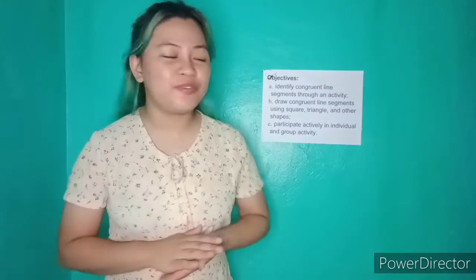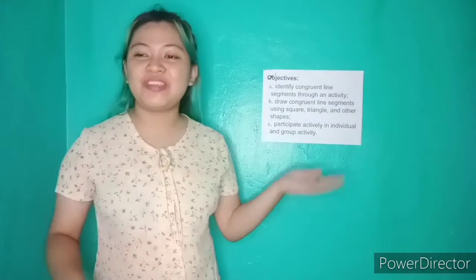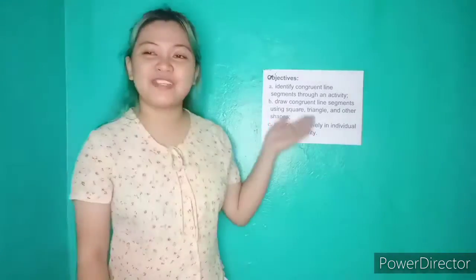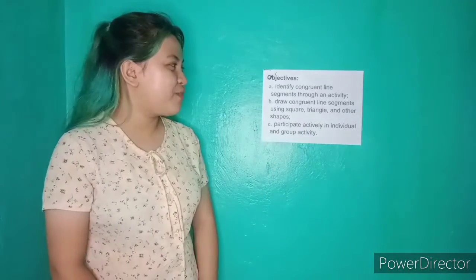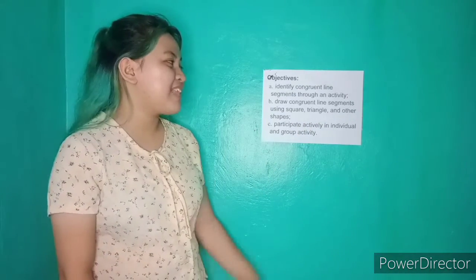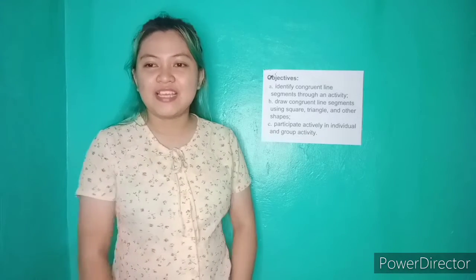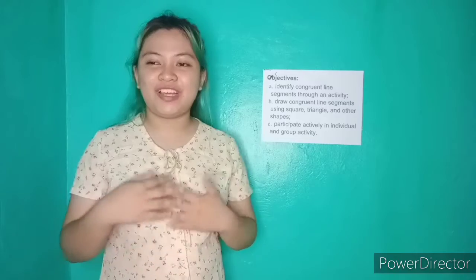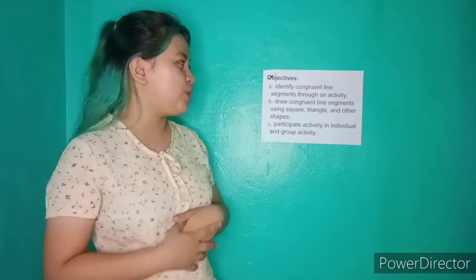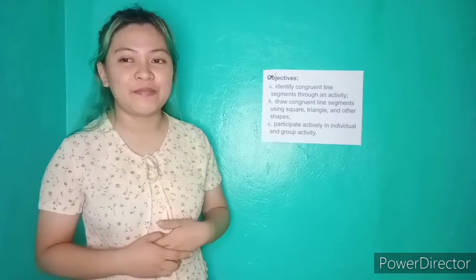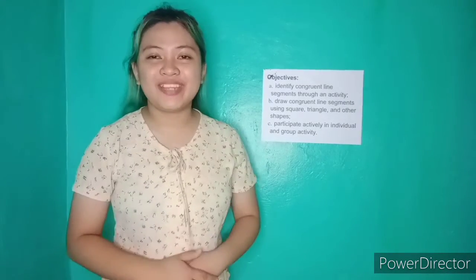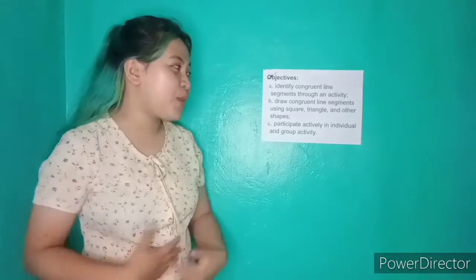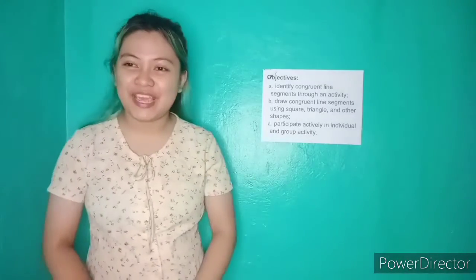So our objectives for today are, who can read the objectives? Okay, I will just read it. The first objective is to identify congruent line segments through an activity. As we go on with our discussion, we will have an activity that will enable you to identify congruent line segments. The next objective is for you to draw congruent line segments using square, triangle, and other shapes.